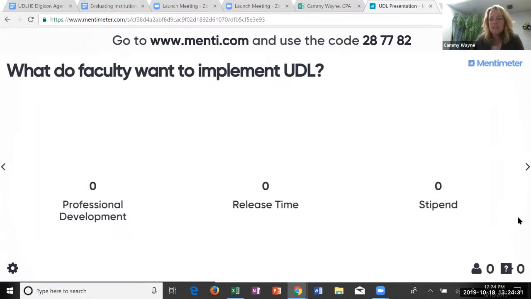So let's look at the faculty level. On a faculty level, there's so little time and there are so many new initiatives that the college wants you to try. So what do you think would be helpful for faculty? Is it professional development? Is it release time?